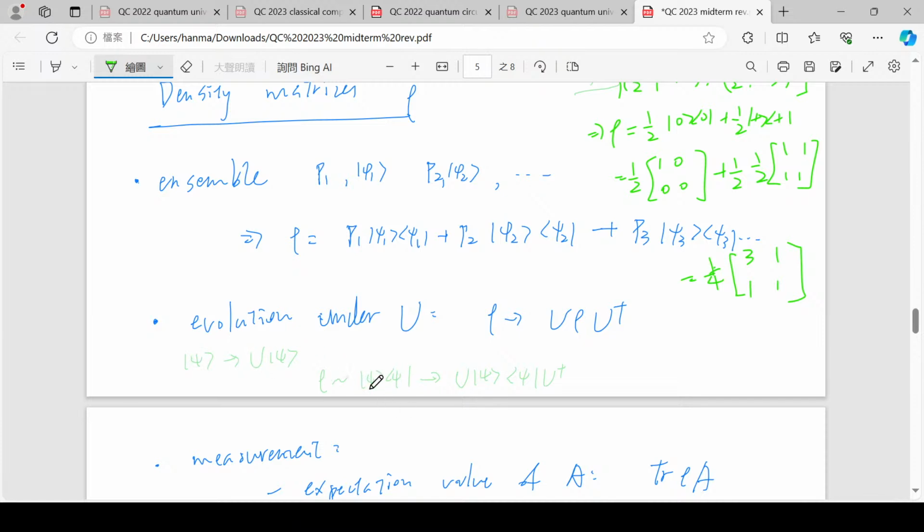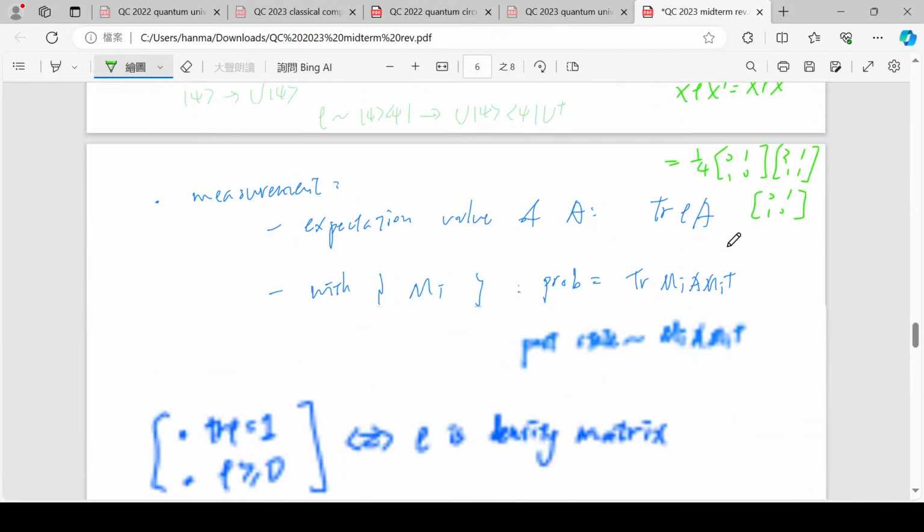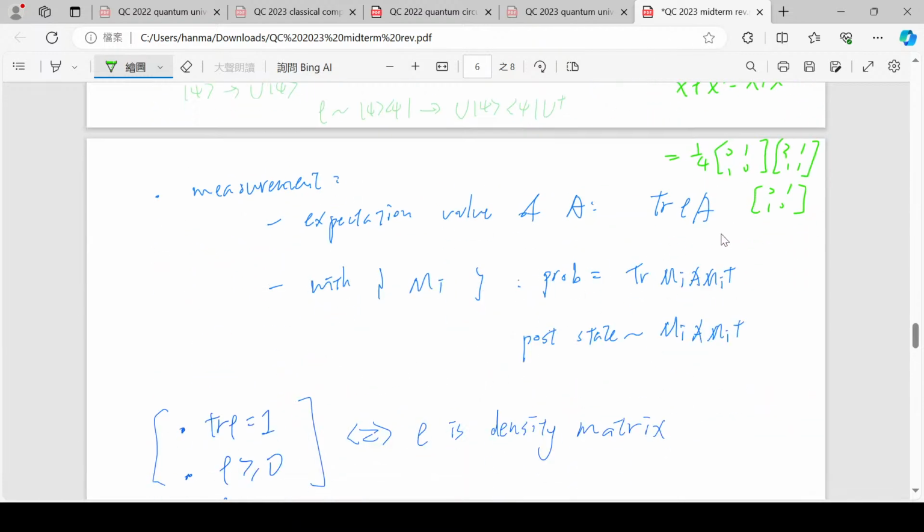Then rho is like psi ket, psi bra, so psi ket becomes U psi and psi bra becomes psi U dagger. So let's do a hard calculation: evolve rho with X. Then it becomes X rho X dagger, which equals X rho X, so 1/4 times the matrix 0 1, 1 0, times 3 1, 1 1, times 0 1, 1 0. Okay, so now this is hard.